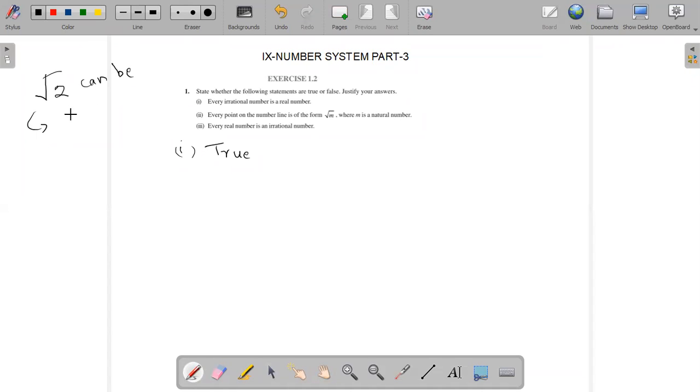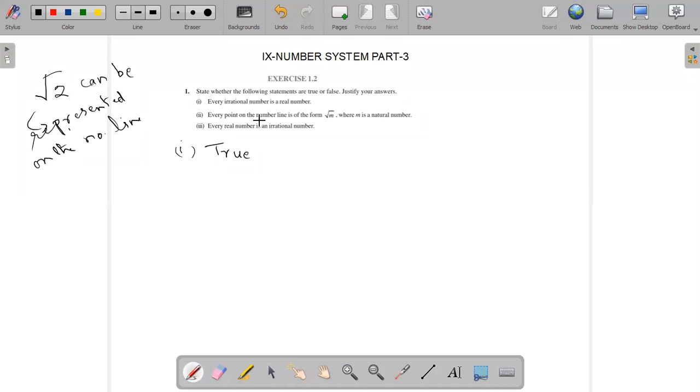Just keep in your mind all irrational numbers can be represented on the number line. How to represent that, we will do. So it is a true statement.